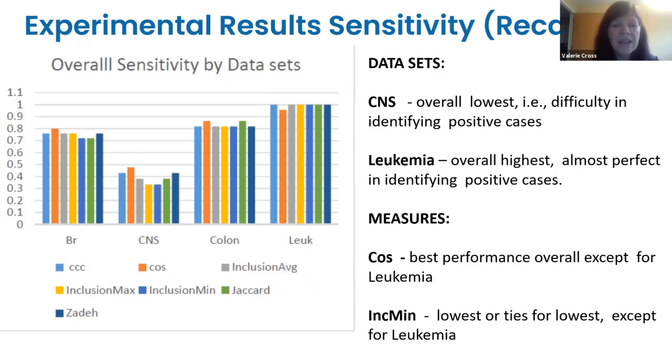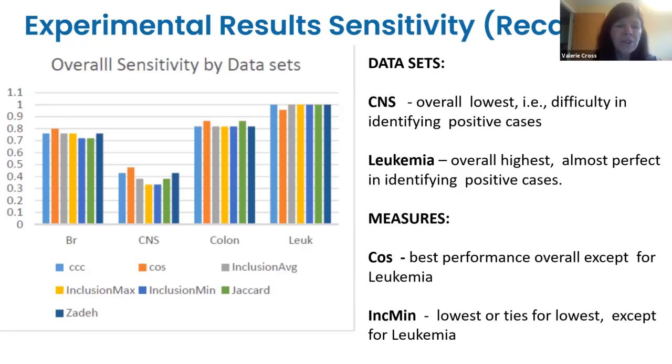We can see that for the leukemia data, all the similarity measures and grouping did quite well in predicting the true positives. But the CNS data set was the lowest. It had a very difficult time predicting the true positive cases.